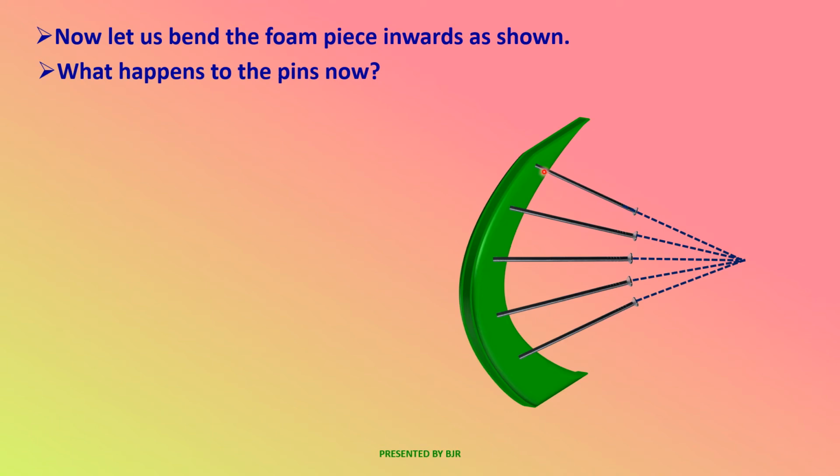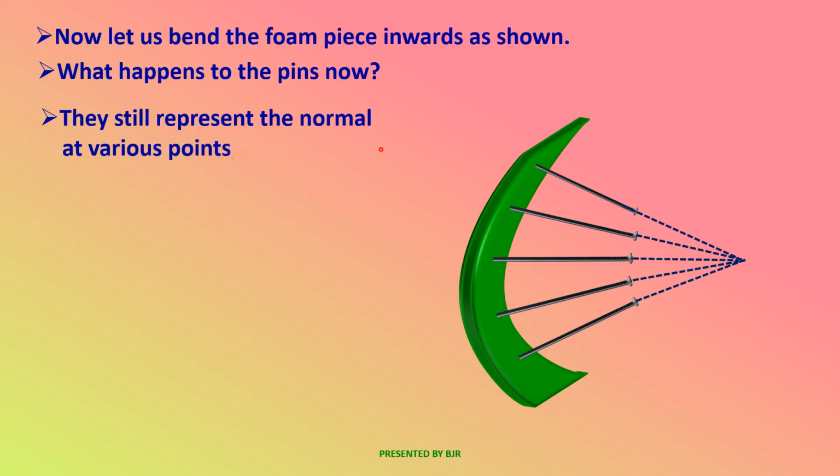So this is a normal. This is a normal like this. So what happens to the pins now? They still represent the normal at various points, but all the pins tend to converge at a point.